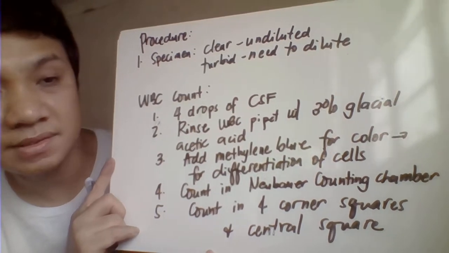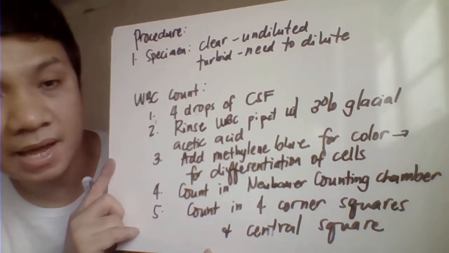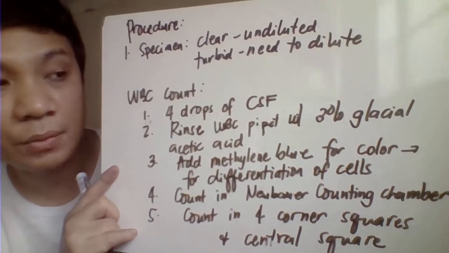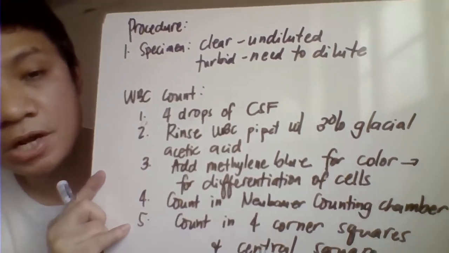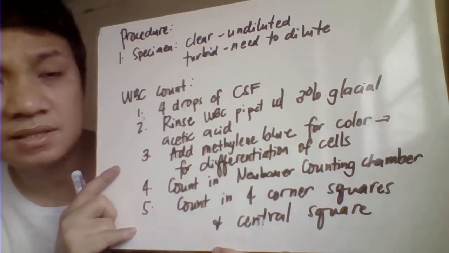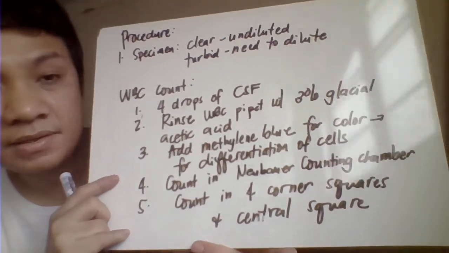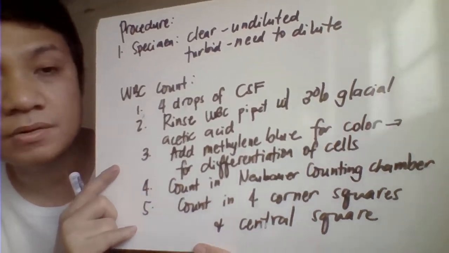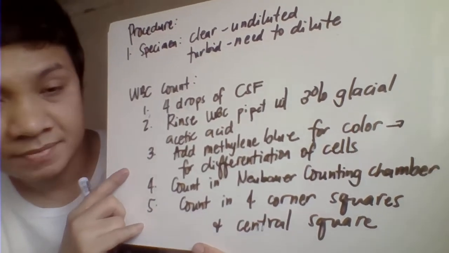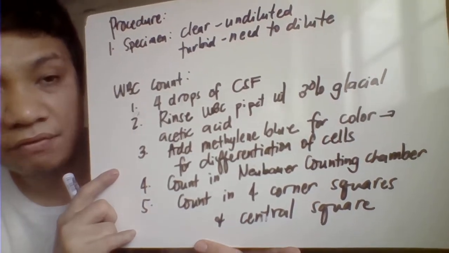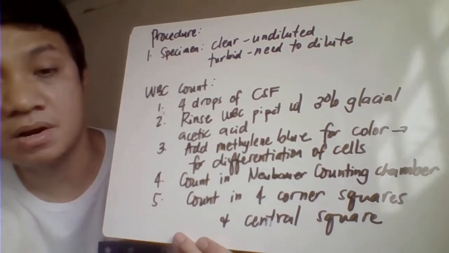First, you need to rinse the WBC pipette with 3% glacial acetic acid to lyse the red blood cells, because you are only after the WBCs and you don't want the obstruction of RBCs, so it is easier to count and identify. Sometimes you add methylene blue to give color that helps differentiate the cells. Then you count the cells in the 4 corner squares plus the central square of the Neubauer counting chamber.